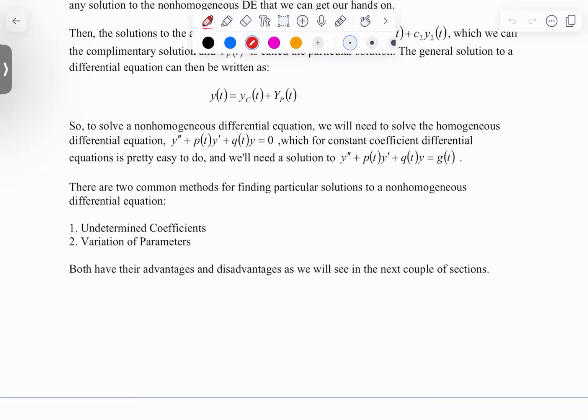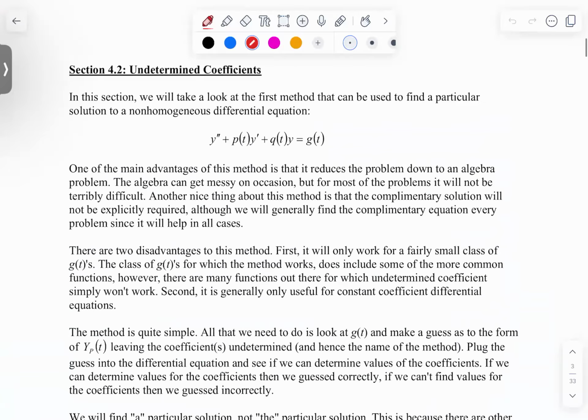So undetermined coefficients is without a doubt the most common approach, because we identify what g of t is in this equation, and there's usually only a couple types of functions that everything breaks down to, the most common functions that occur.